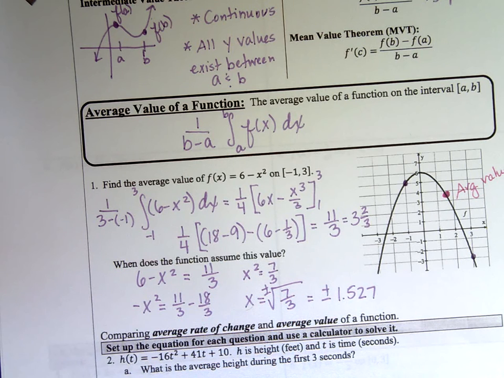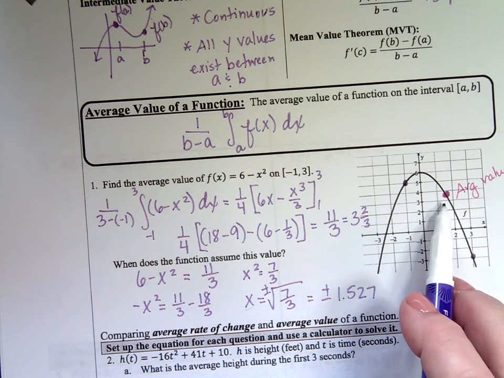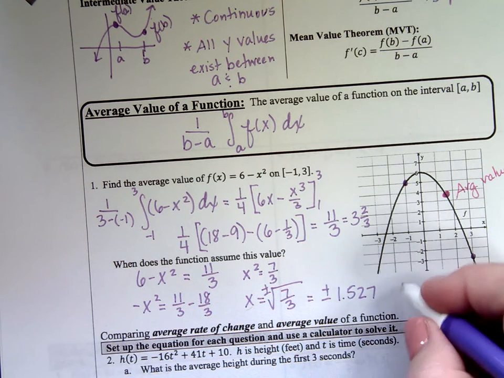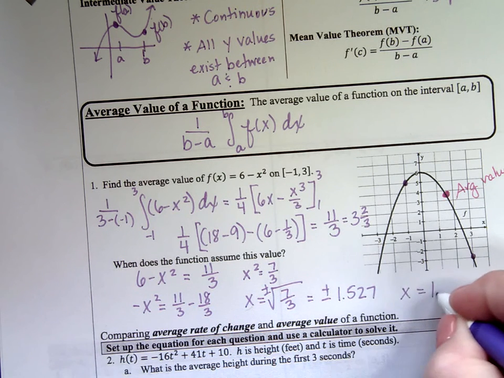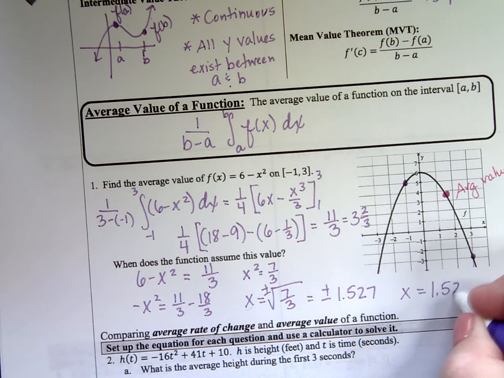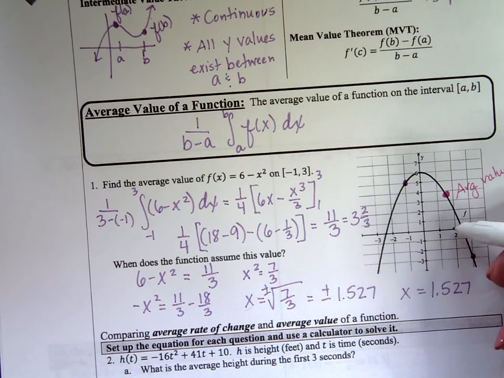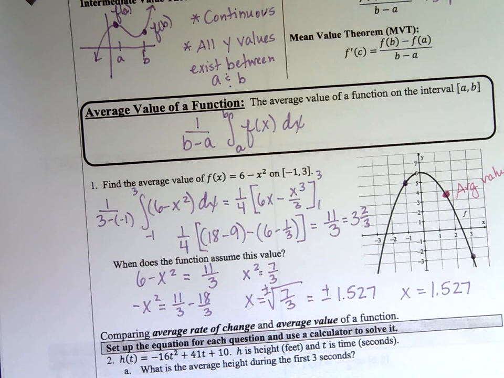Yeah, we're looking at positive, we're over here in the positive region, right? So this one is just x equals 1.527. So when x is 1.527, and it looks exactly like where we're at with our point here, then y is 11/3. And that's where the average value would be.